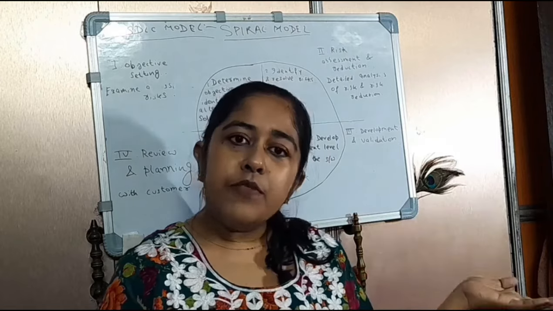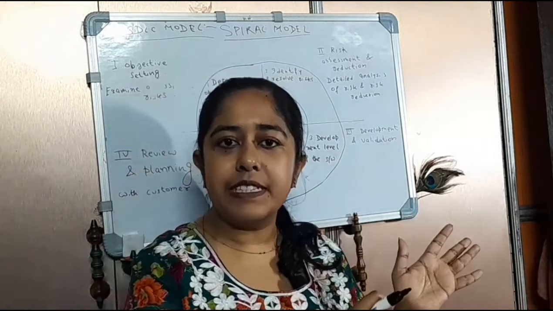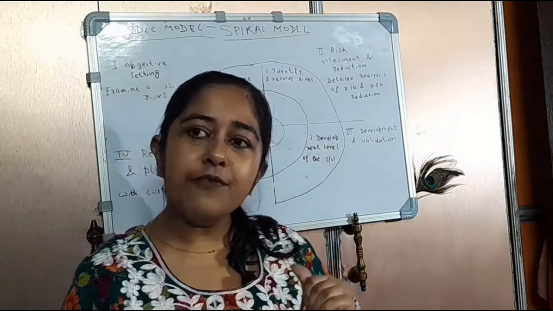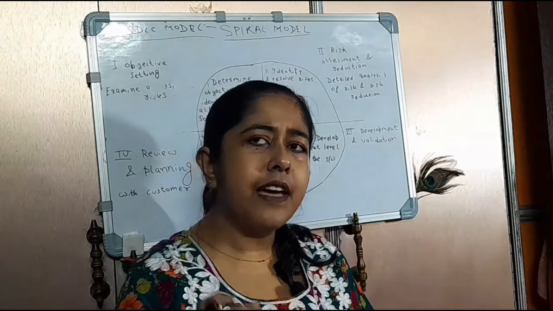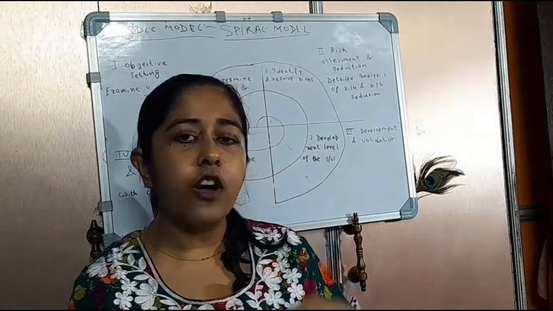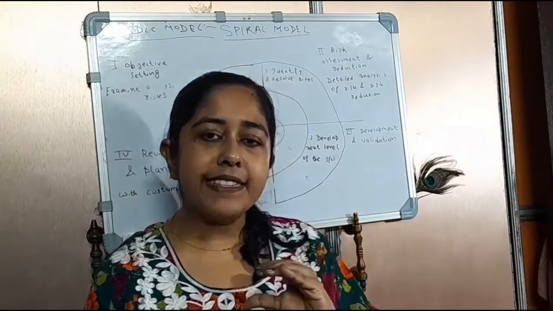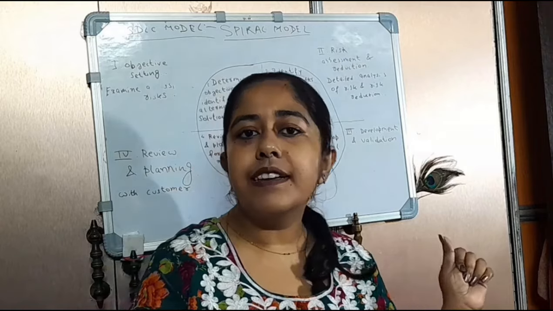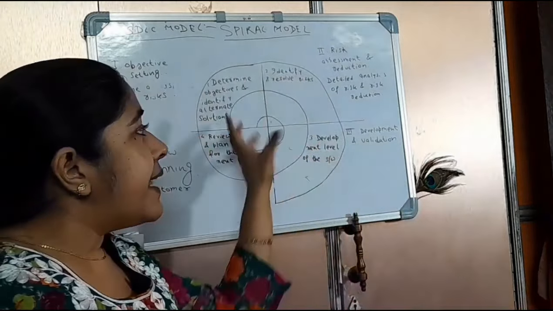In the previous models we went through some phases, but a risk handling phase was not there. But if in a particular project there is a certainty that some risk can be there, risk of failure, economical risk or technical risk, any risk, then in that case the development team chooses this model, that is the spiral model.